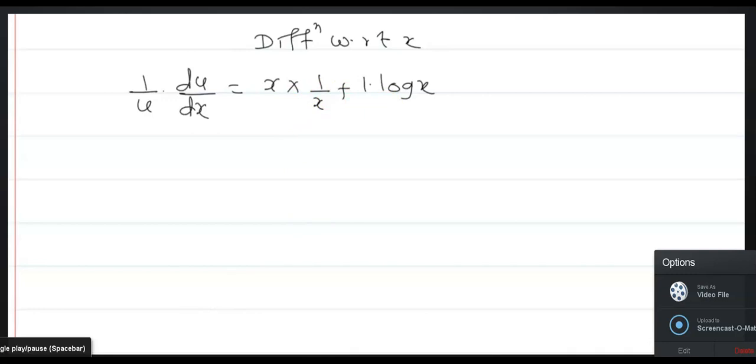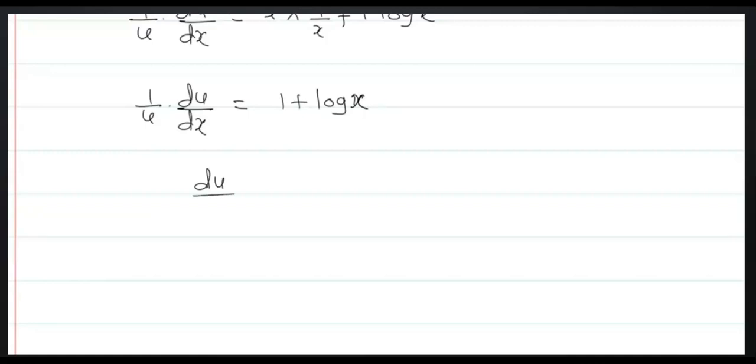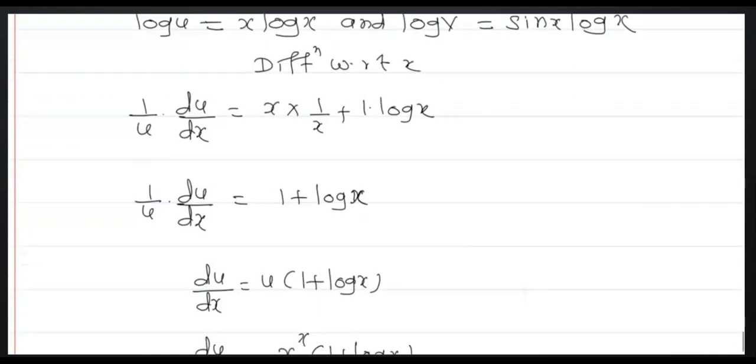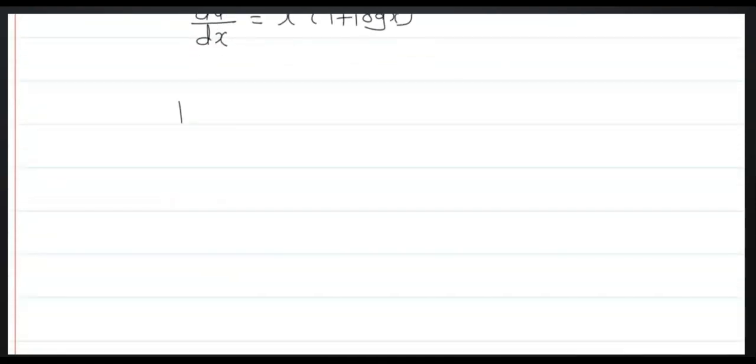Therefore 1 upon u into du by dx is equal to 1 plus log x, and therefore du by dx is equal to u into in bracket 1 plus log x, that is du by dx is equal to x raised to x in bracket 1 plus log x. Very famous derivative. Now next is x raised to sin x.